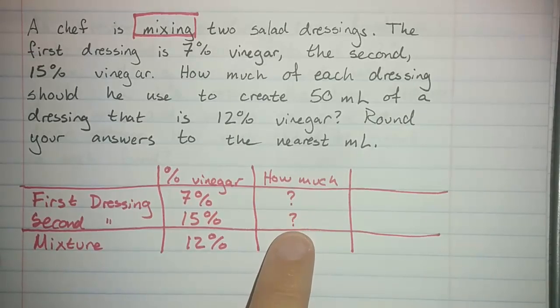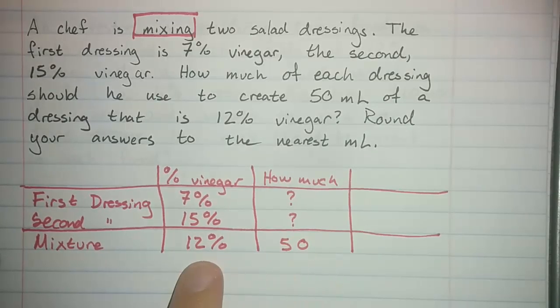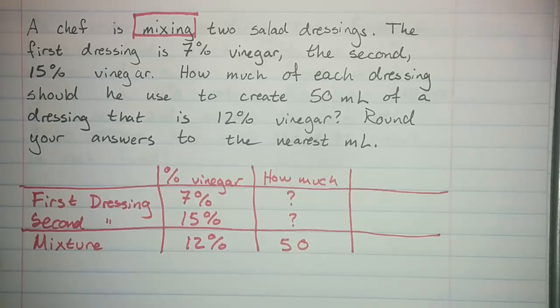What are the rules here? Well, the rules are, if I take the vinegar from my first thing and the vinegar from my second thing, I'm going to get enough vinegar so that my mixture is 12% vinegar.